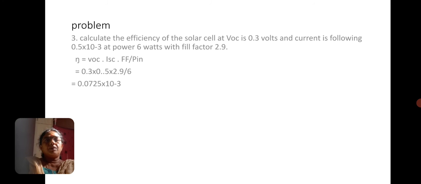Coming to the next problem, this is also based on the solar cell itself. Calculate the efficiency of the solar cell at open circuit voltage 0.3 volts and current 0.5 into 10 to the power of minus 3, at power 6 watts with fill factor 2.9. What do you have to calculate here? Efficiency.